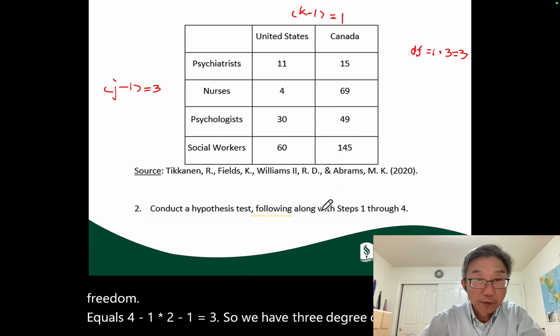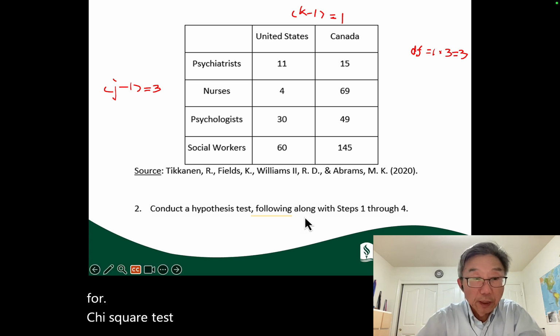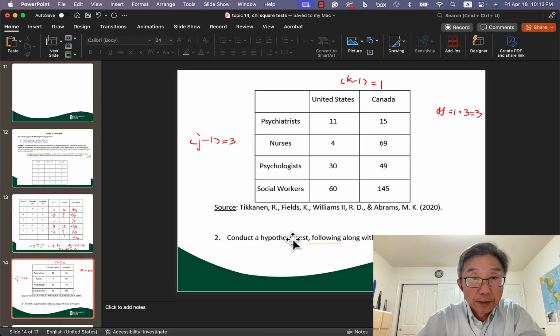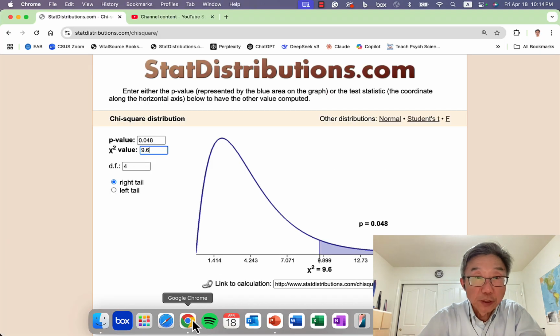Next thing we are going to do, of course, is to identify the critical value for a chi-square test with 3 degrees of freedom. So again, we need to go to the chi-square distribution.